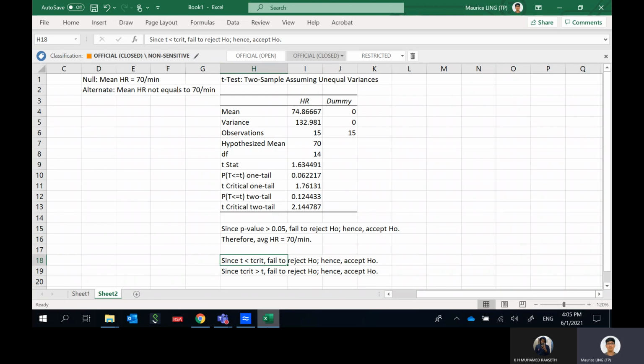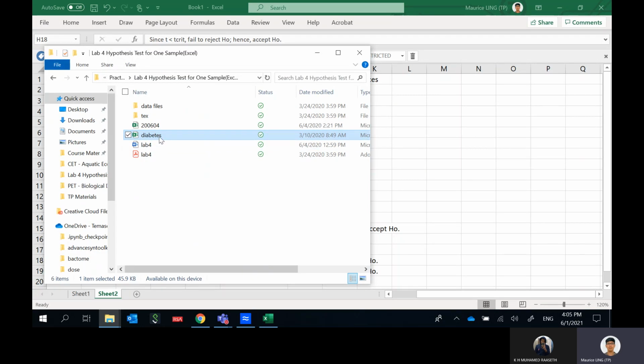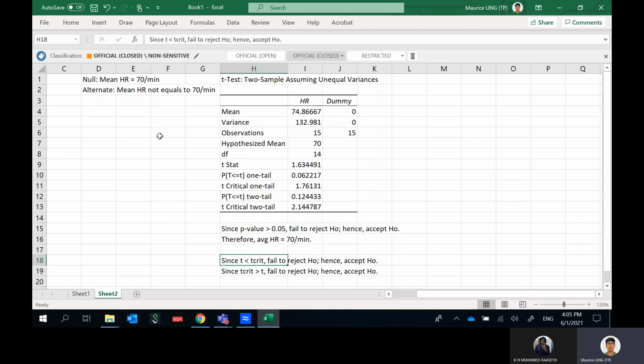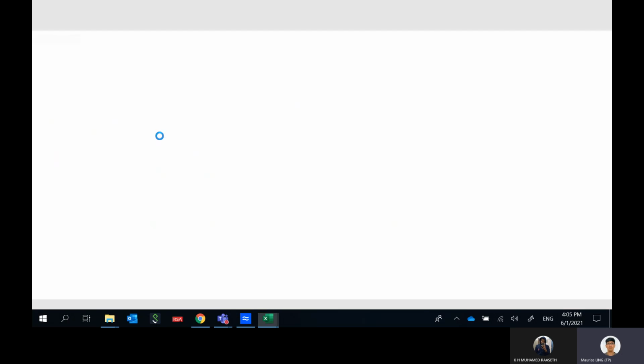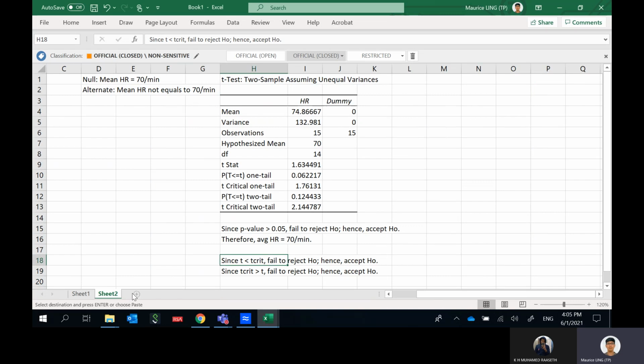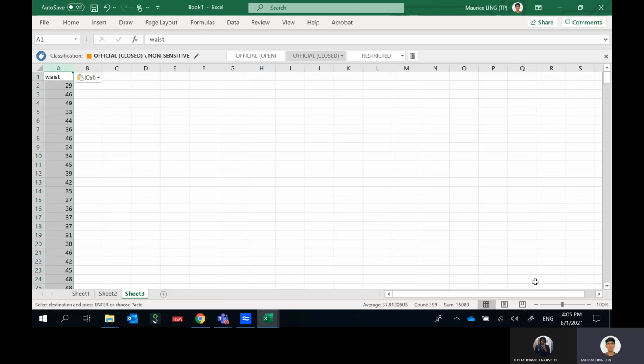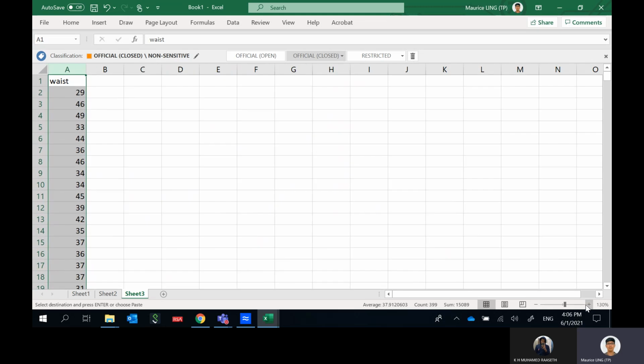All right. So now we go to your diabetes data again, and we want to test. Let's look at task number 4. Waistline is below 40 inches. Okay, take your entire waistline and copy it out.